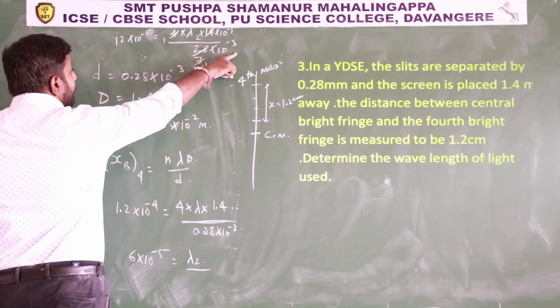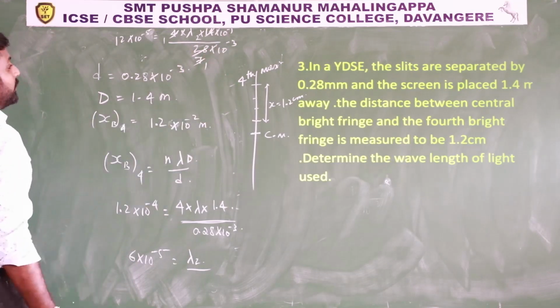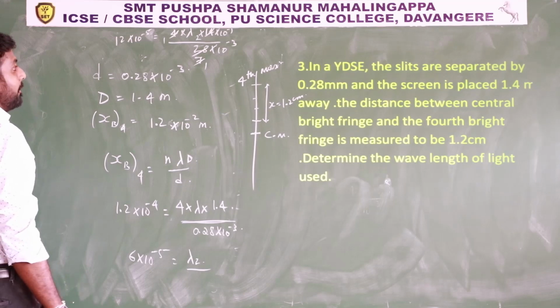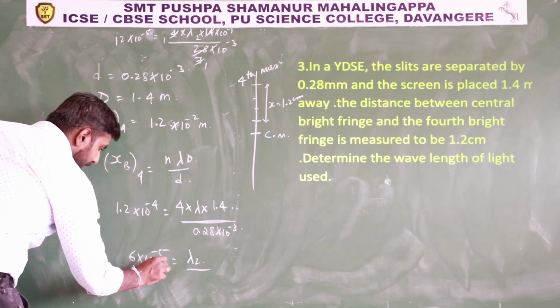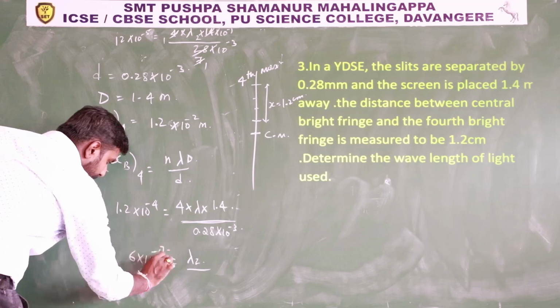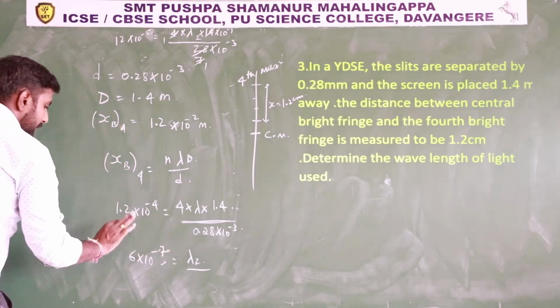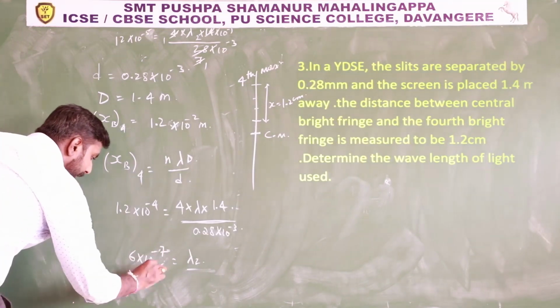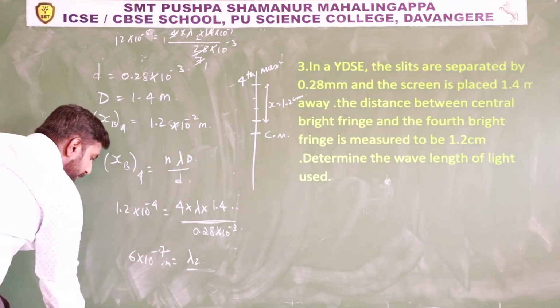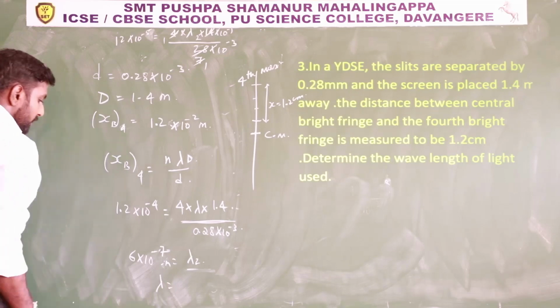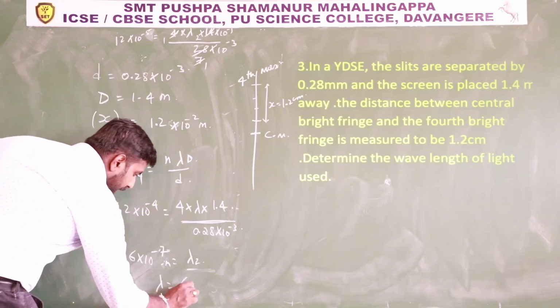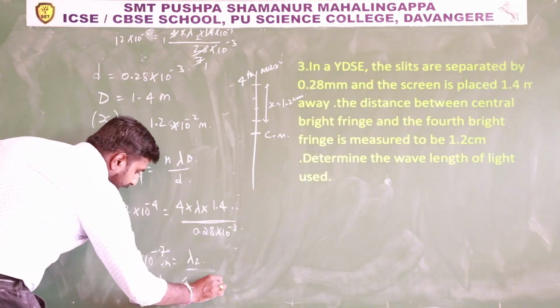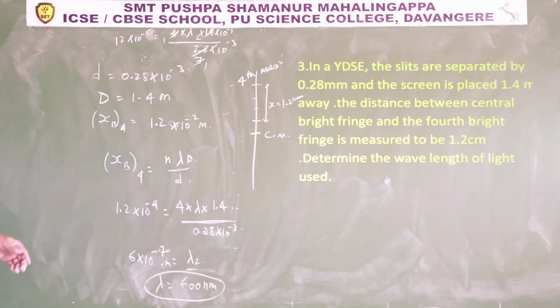If this 10 to the power minus 1 comes to the denominator, it becomes plus 1 minus 2. So overall you will get 6 into 10 to the power minus 7 meters. This is the value of lambda, or you can say lambda is equal to 600 nanometer. This is the wavelength of light used.